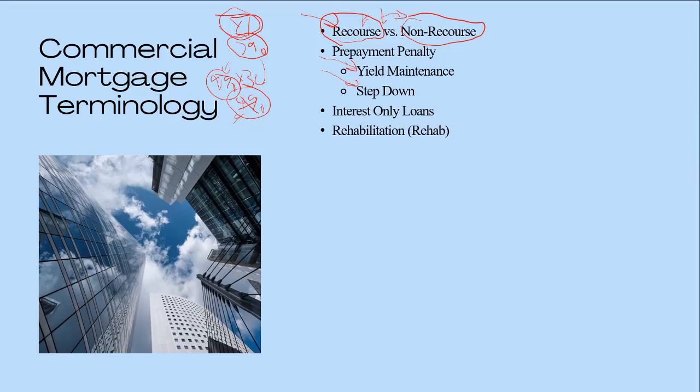You'll hear this term rehab. It's short for rehabilitation. This is basically what you hear about people that flip property. They'll take a really rundown property, they'll invest money, time and effort to fix it up.